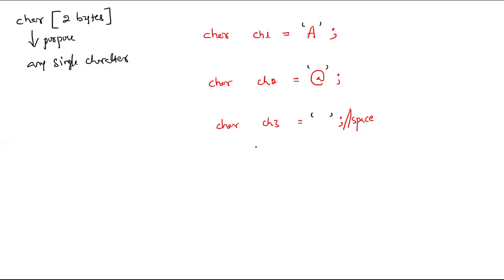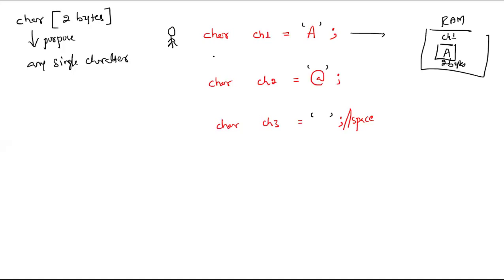So when the JVM executes this line of code, we know that char consumes 2 bytes of memory. Therefore, in RAM there is a 2 byte memory allocation, ch1 is the variable, and the value A will be stored.